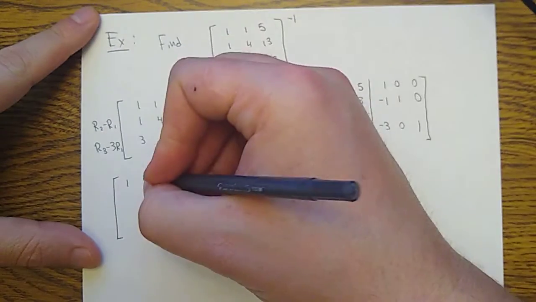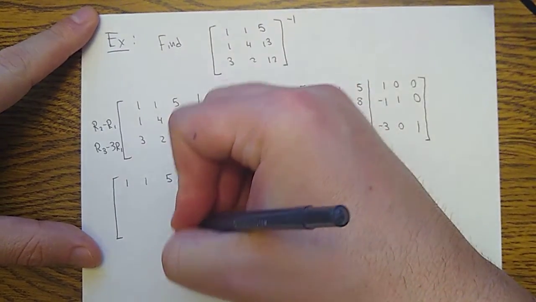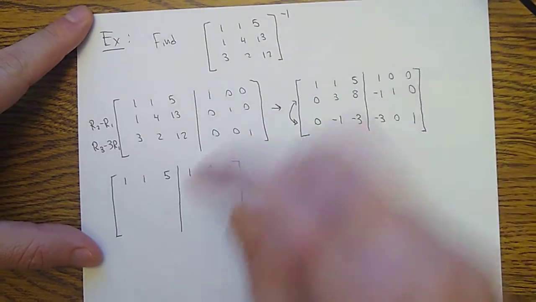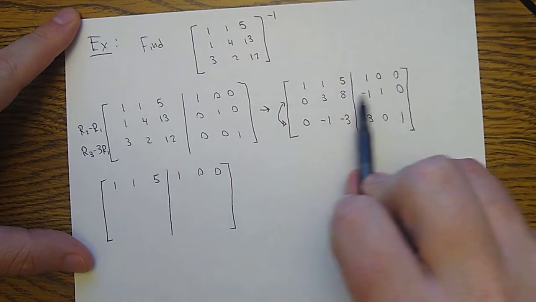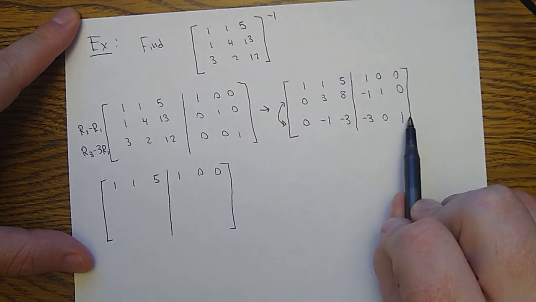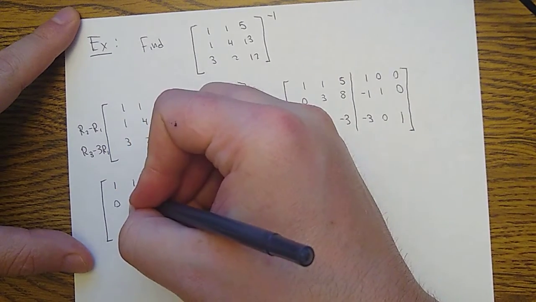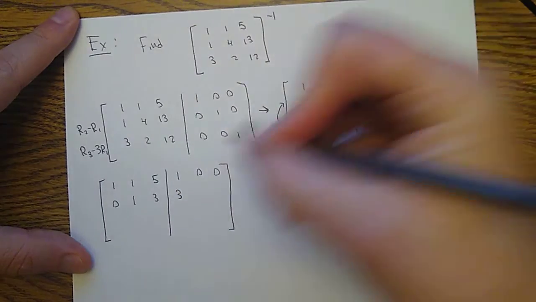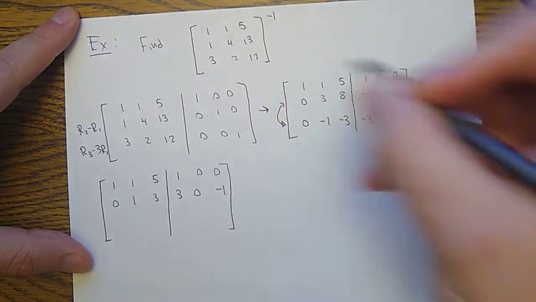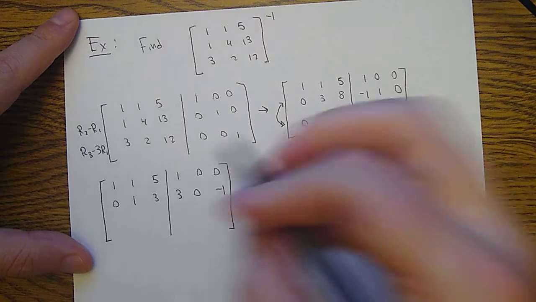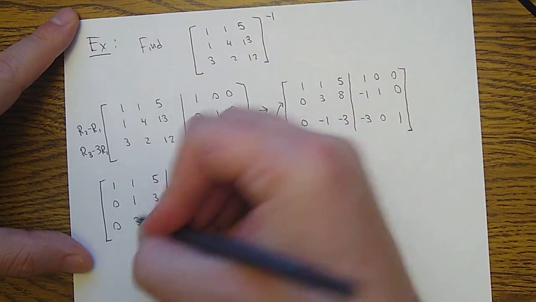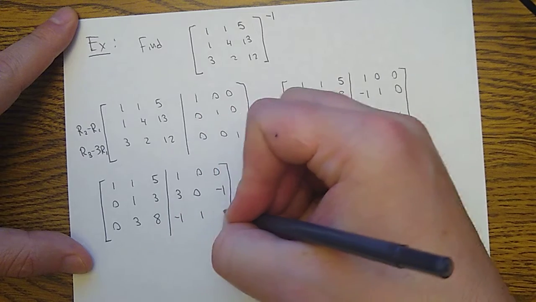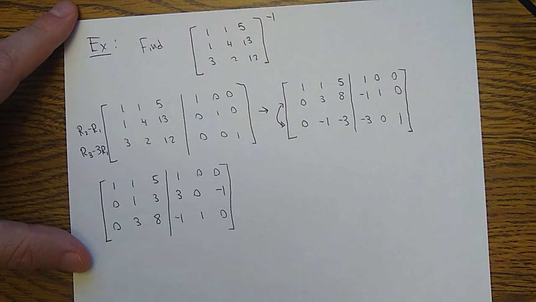So the top is not changing. The new second row is going to be the opposite of this. So 0, 1, 3, 3, 0, negative 1. And then the third row is going to be the old second row.